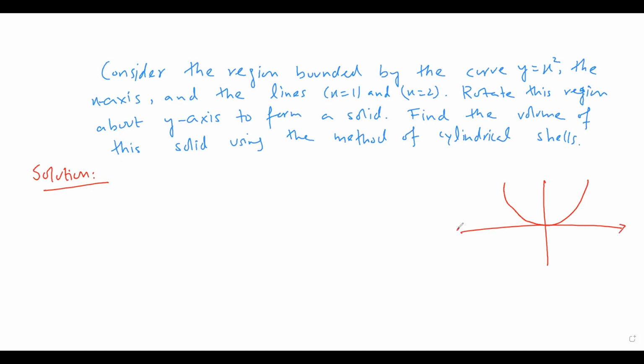This is basically the x-axis, and this is the y-axis. And the lines x equal to 1 and x equal to 2. Let's say we have the x equal to 1 line here and the x equal to 2 line is here.